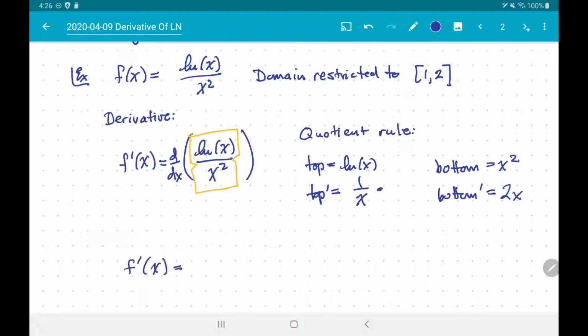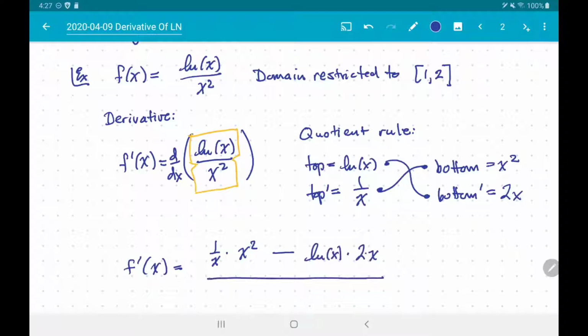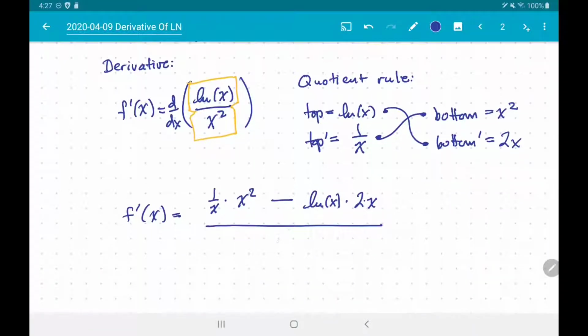We need the derivative of the top times a copy of the bottom. So 1 over x times x squared minus copy of the top times the derivative of the bottom. So ln of x times 2x, whole thing over the bottom squared. So that's x squared squared.